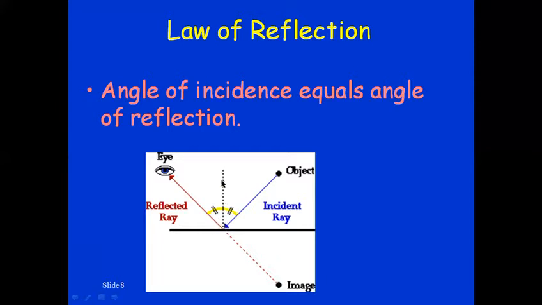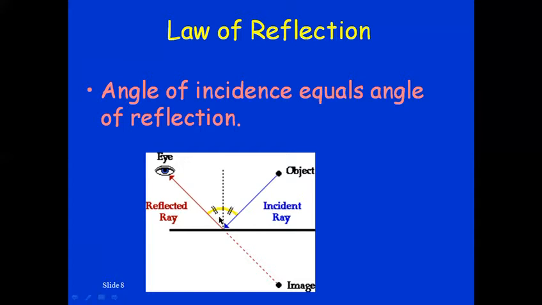This is called the normal. And the first law of reflection is that the angle of incidence is equal to the angle of reflection. Where is the angle of incidence and where is the angle of reflection? The angle of incidence is measured between the normal and the incident ray, usually denoted by small i.